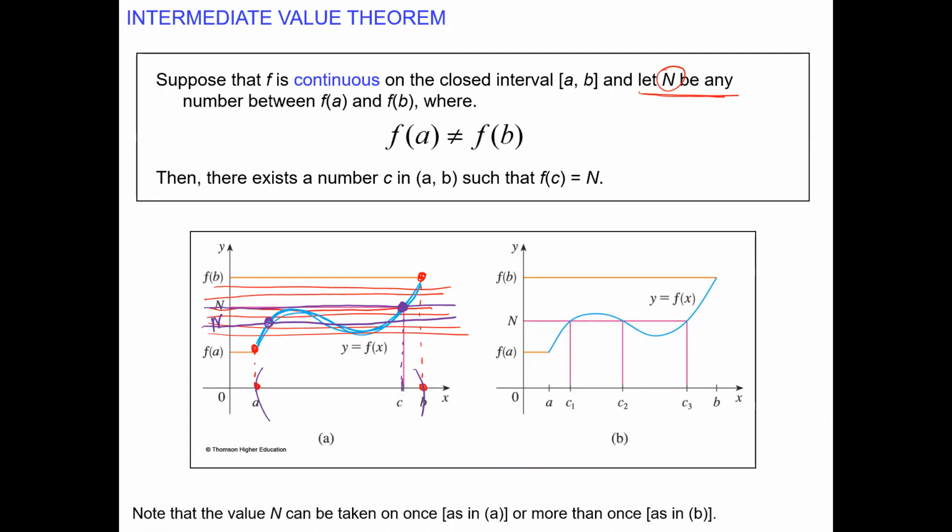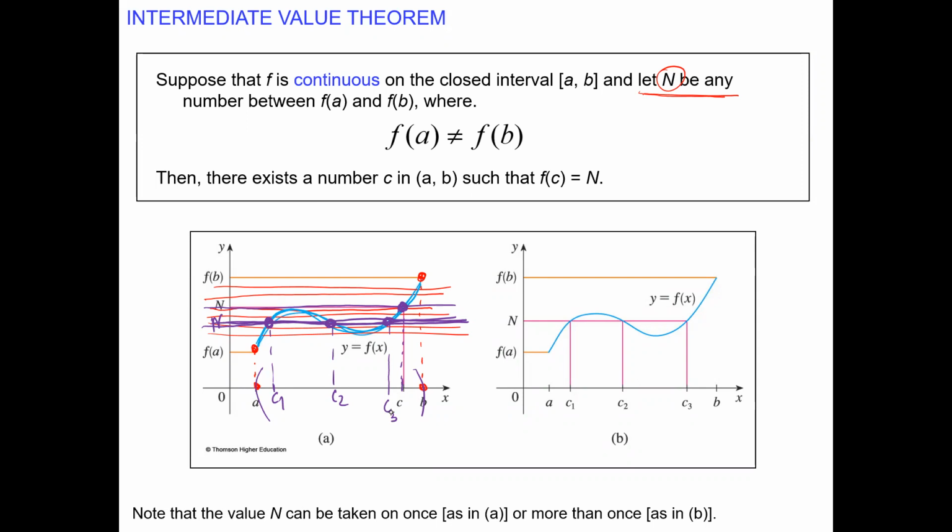So that's the intersection, that's the intersection, that's the intersection for this horizontal line. And then we have c sub 1, c sub 2, c sub 3. All of these c values exist, and they are between a and b.